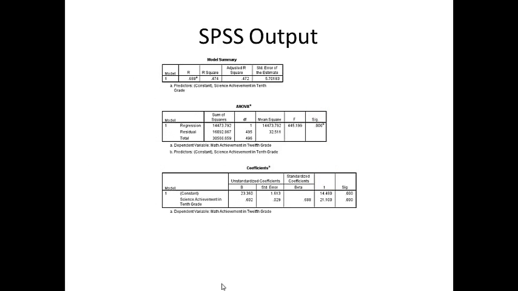This is what we'll get when we run a regression in SPSS: three different tables that we just described for you. We get a model summary, which is our coefficient of determination. It will generate an Anova to tell us if our regression line is good, and then it will actually tell us the coefficients that go into our predictive equation.